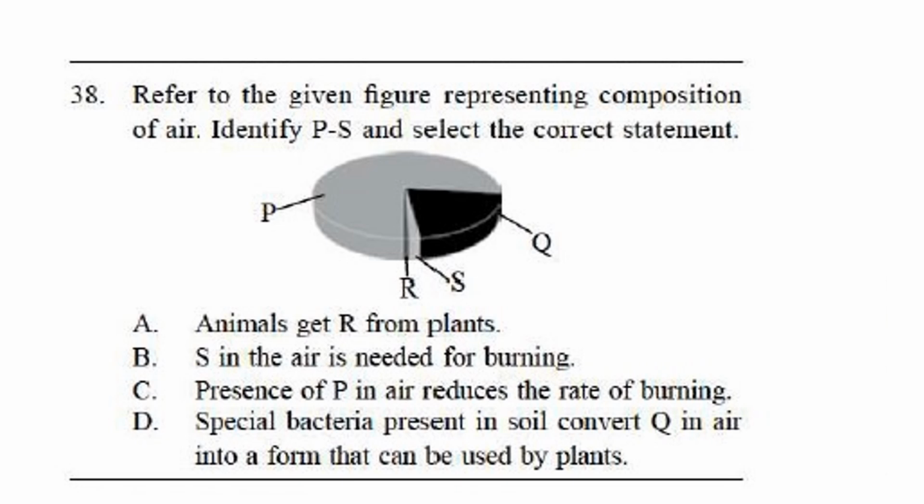Option A, animals get R from plants. No, this is incorrect. B, S in the air is needed for burning. Yes, carbon dioxide does not need it for burning. Option C, presence of P in air reduces the rate of burning. Yes, this option is correct. Answer is option C.